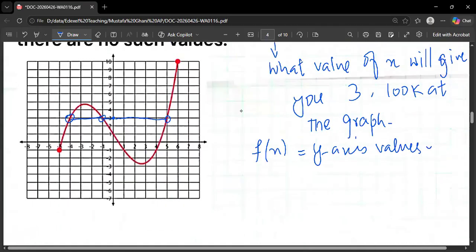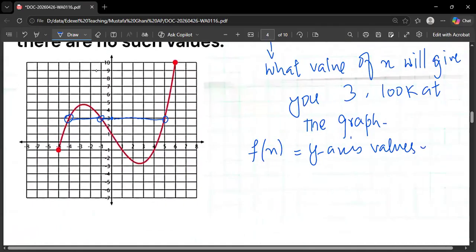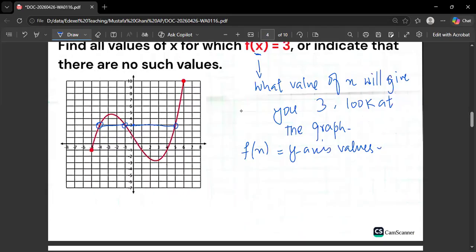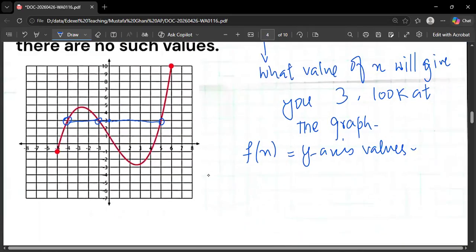And what values of x are we having 3? Look at the graph. From the graph, what values of x are we getting 3? From the graph, x equals -4, x equals -1, and x equals +5.